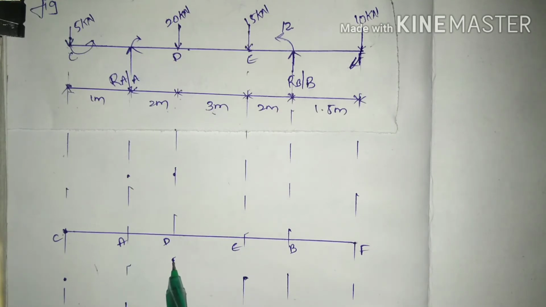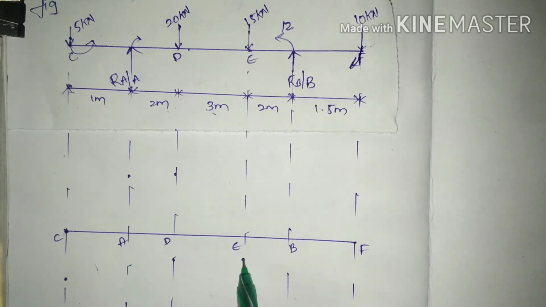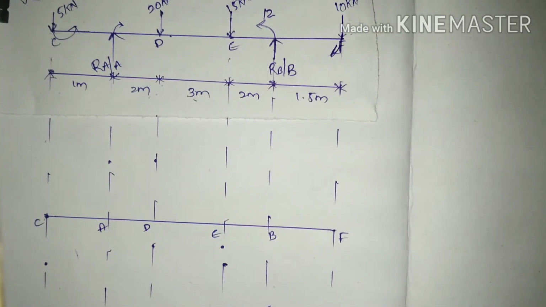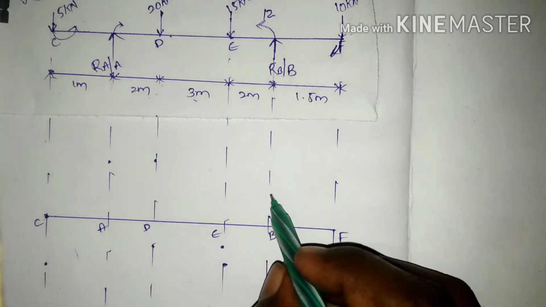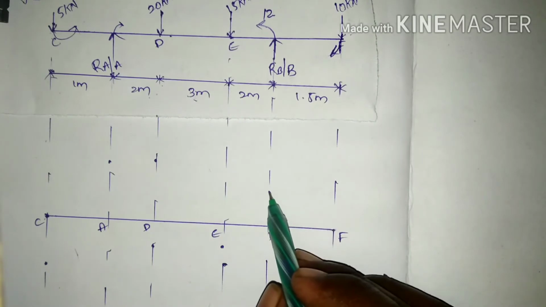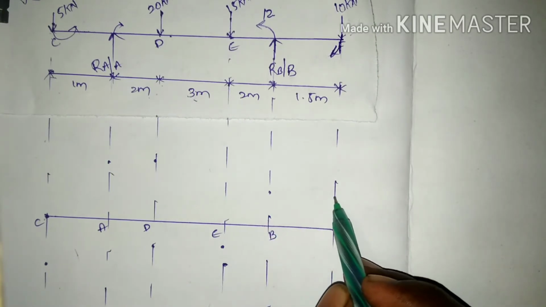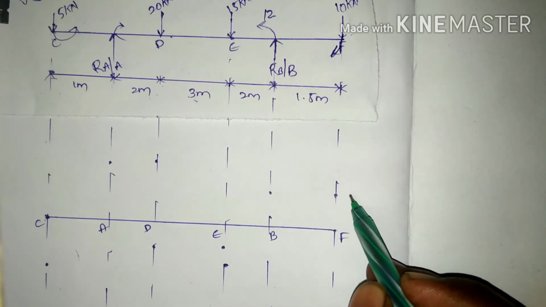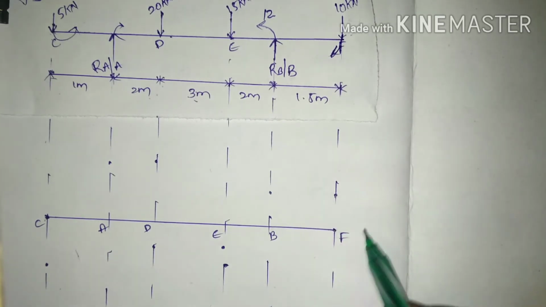Moving on to E, for the left of E we have the same, and to the right of E we have minus 17.857. Moving on to B, for the left of B we have the same, and for the right of B we have positive 10, let it be here. Moving on to F, for the left of F we have the same positive, and for the right of F we have 0.